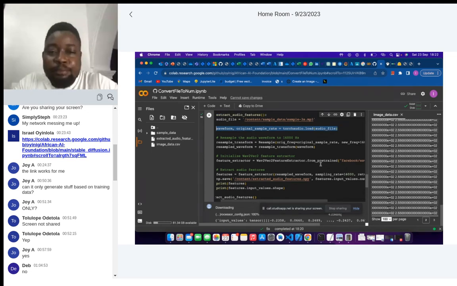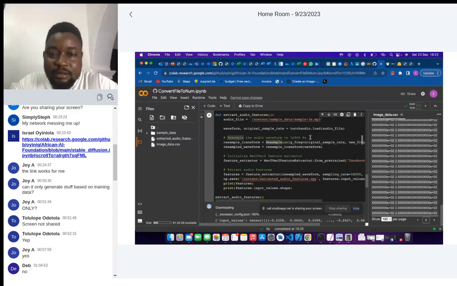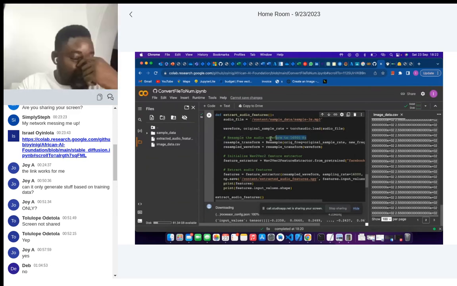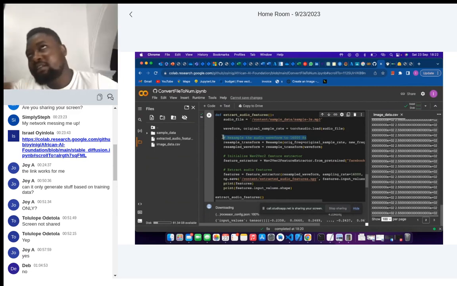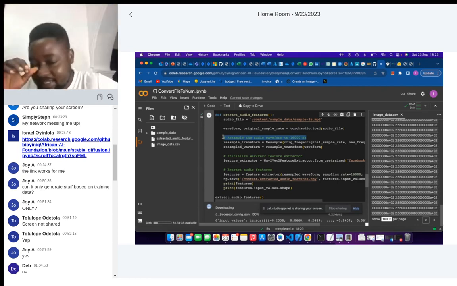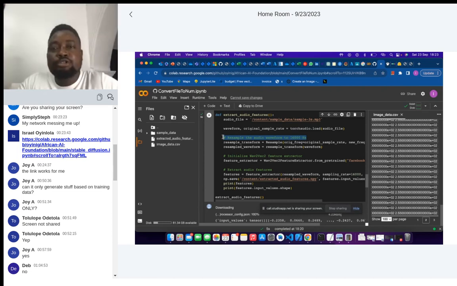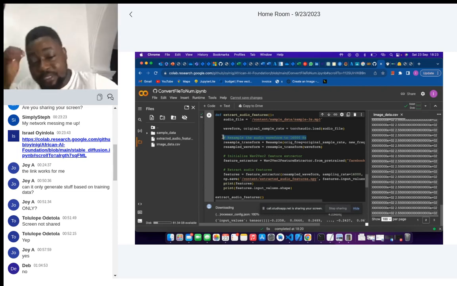So what we're trying to do here is to resample, because if you don't resample this audio to a frequency form that you can deal with, you will have a malformed frequency. Let's say the audio was created with a frequency of 1000 hertz. I don't know the frequency of my voice, by the way, let's just assume it's 1000 hertz.